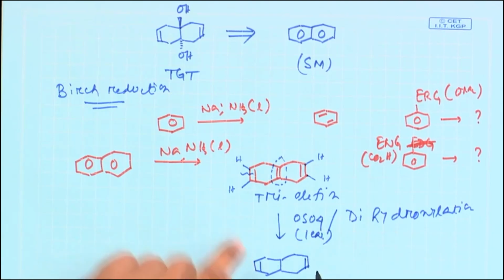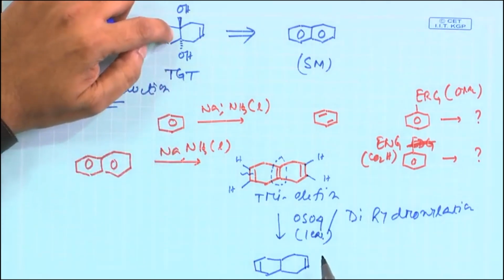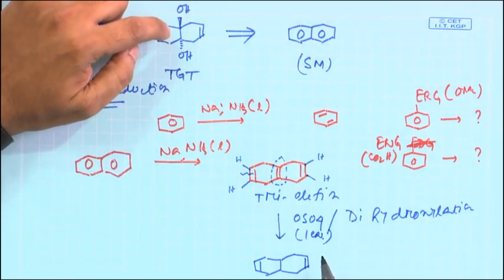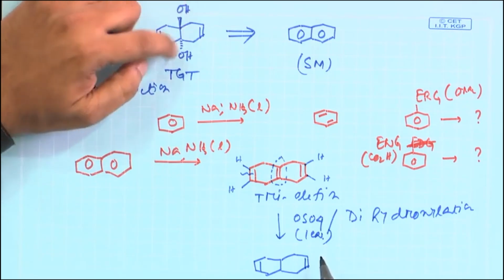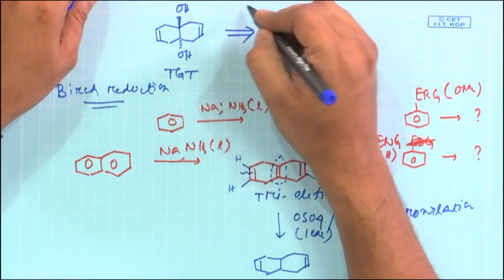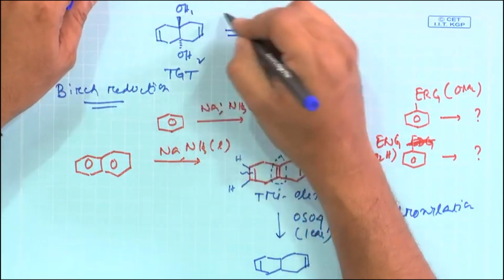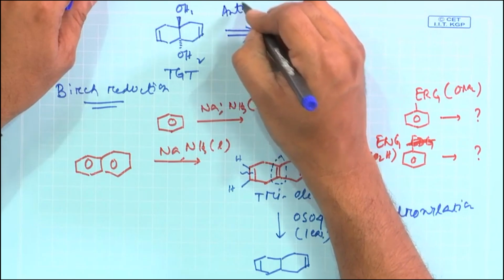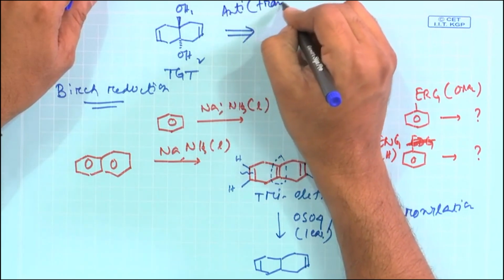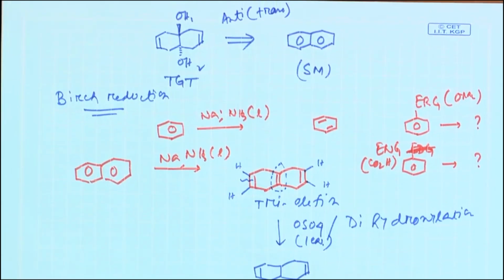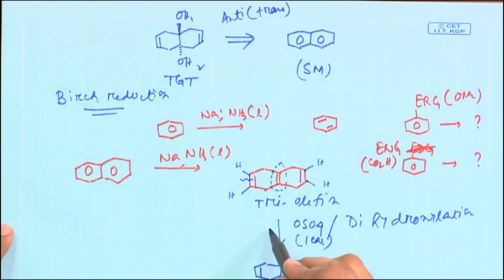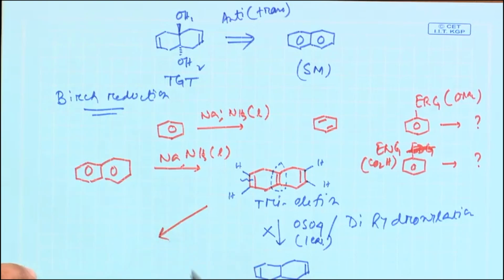But dihydroxylation does not give you the exact product, because here the relative geometries of OH1 and OH2 are anti or trans to each other, and as you know, dihydroxylation often gives a cis diol. So dihydroxylation will not be a viable pathway, and you have to think about some alternative pathway. Do not worry, there are alternatives.